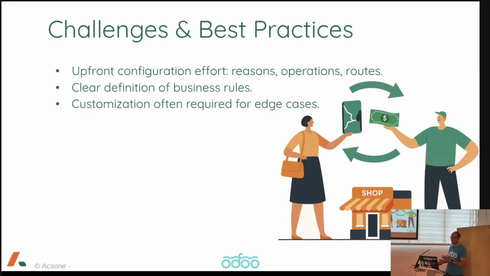The challenges using this RMA: it's upfront configuration effort, as you saw. The configuration of the operations decides how the process will be. So be aware that this step needs more focus. We need a clear definition of business rules. As a business, we need to clarify what the rules of the returns are.